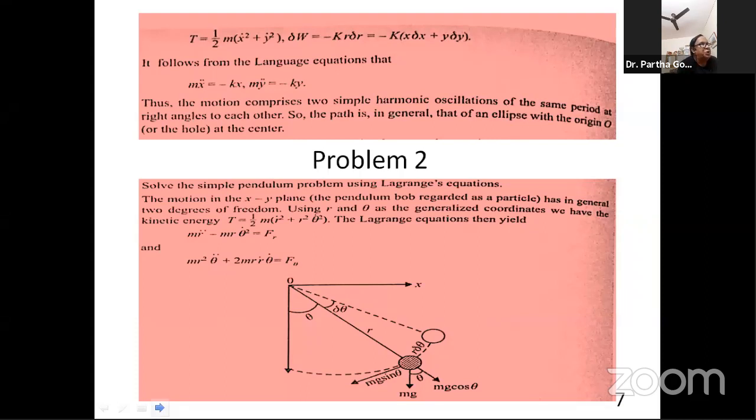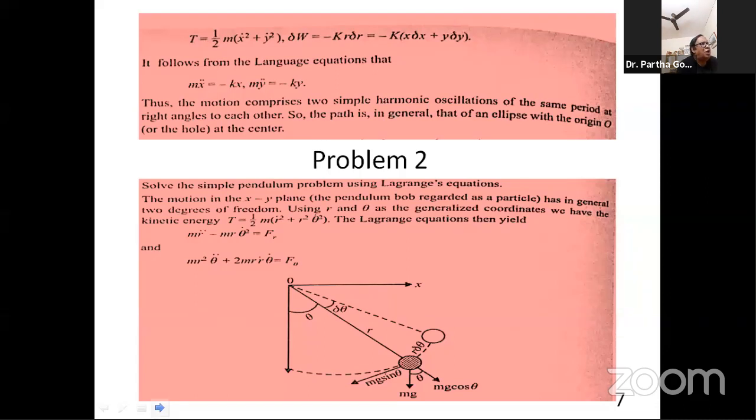Going to the seventh slide, one sees that it is convenient to go to Cartesian coordinates: kinetic energy is half m (ẋ² plus ẏ²), and the work done is written as minus k r dr. Sorry, it should have been minus k x dx plus y dy.